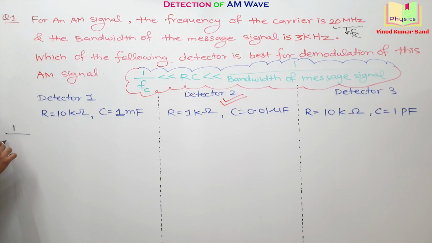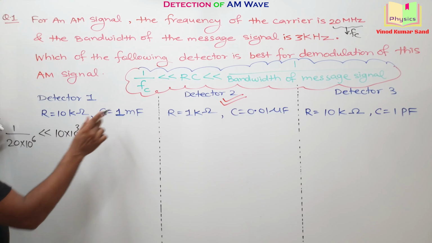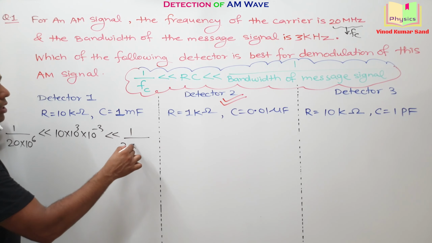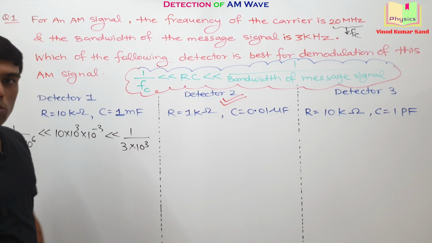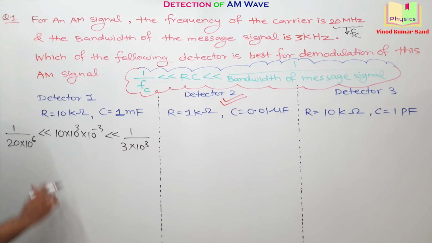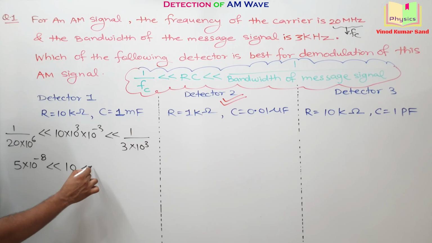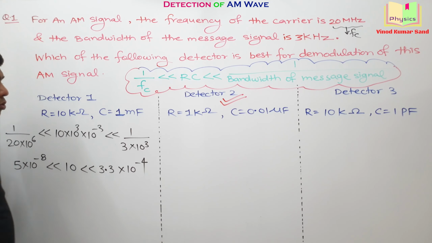So 1 by 20 into 10 to power 6 should be much smaller than 10 into 10 to power 3, milli meaning 10 to power minus 3, and then 1 by 3 into 10 to power 3. The bandwidth of the message signal is 3 kilohertz. Do you agree? Computation is pretty simple. It comes out to be 5 into 10 to power minus 8, this comes out to be 10, and this comes out to be 3.3 into 10 to power minus 4. Do you agree with these things?